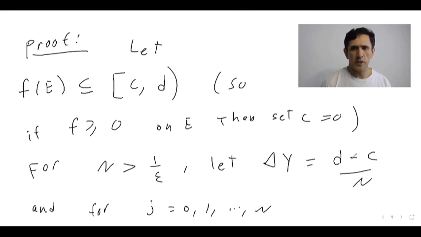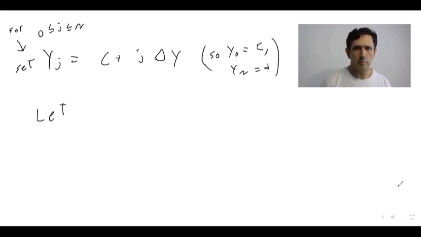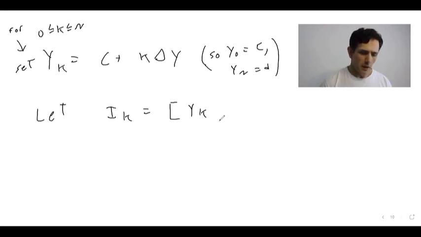It's just c plus d minus c, which is d. So let's say, to keep life a little simpler, Ik is just from yk minus 1 to yk.